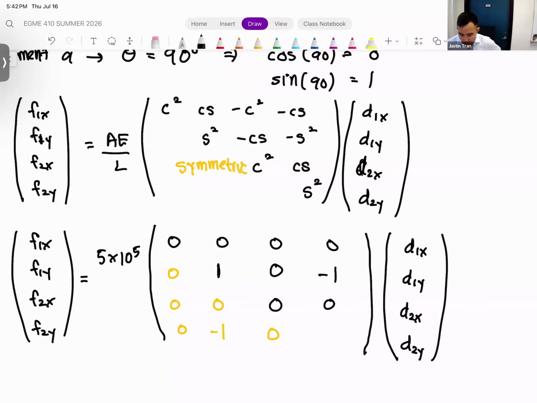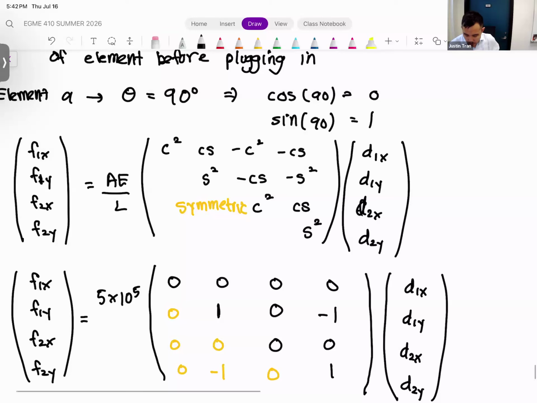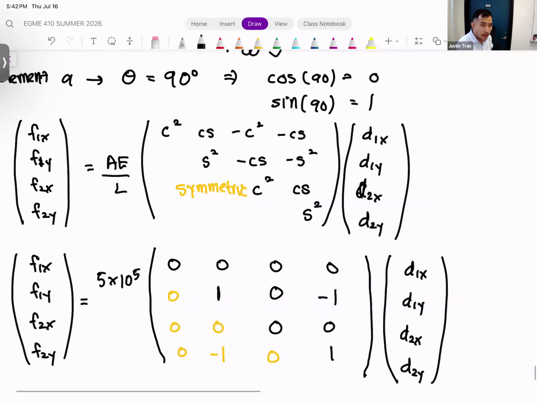So sine squared, which is 1. 1 squared is just 1. Okay. So that's our element stiffness matrix for the first element. Okay. Any questions on that, how we got that matrix there? Okay. All right, so let's go ahead and keep going.